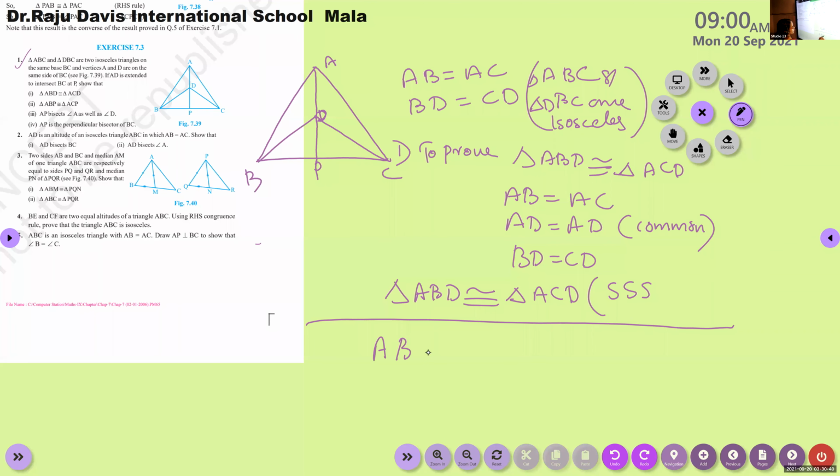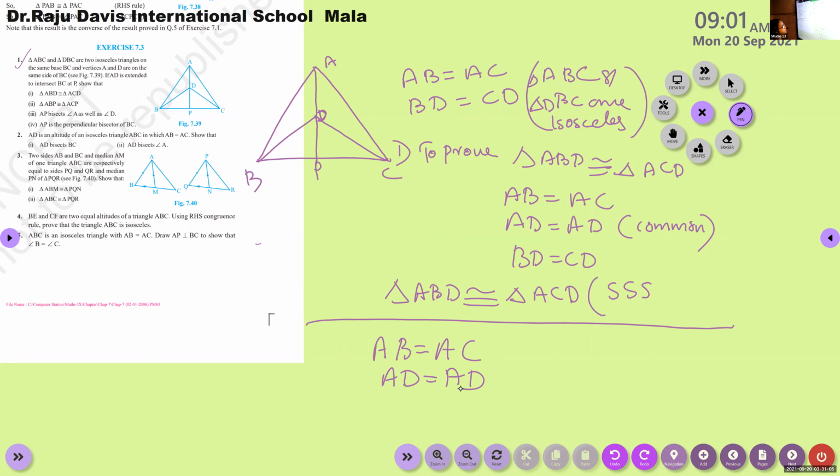Vinayak, what was the reason for AB equal to AC? Try to say why. Isosceles, because it is given that the whole triangle ABC is isosceles. So AB equal to AC and AD equal to AD. It's common. Understood?